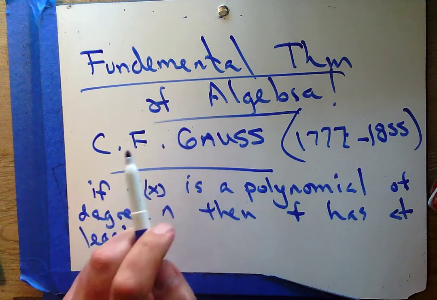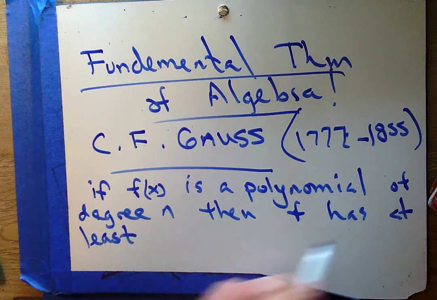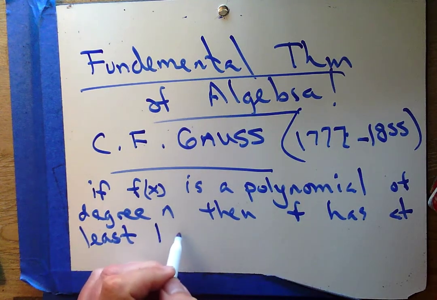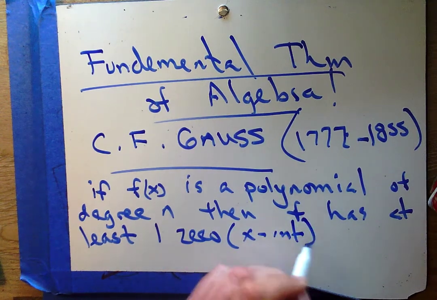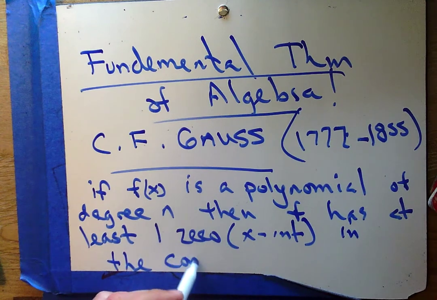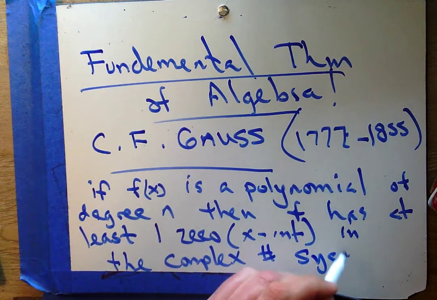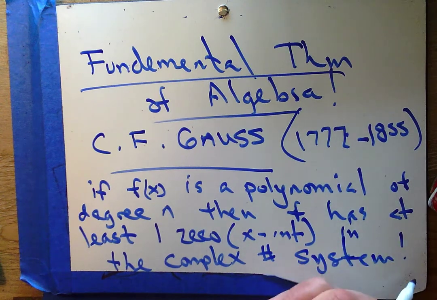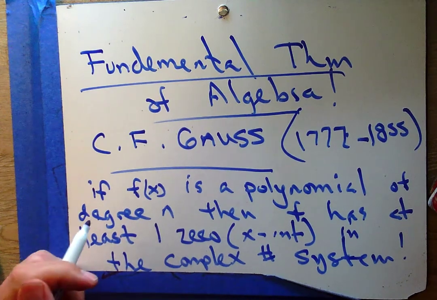Parade through the city for writing this. That f has at least 1 zero, x-intercept, in the complex number system. Ooh, mic drop.